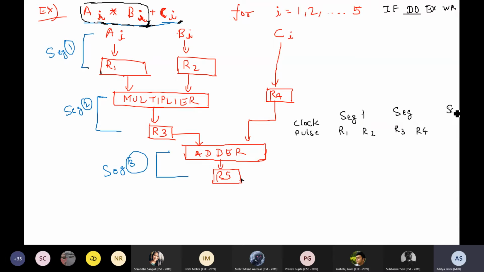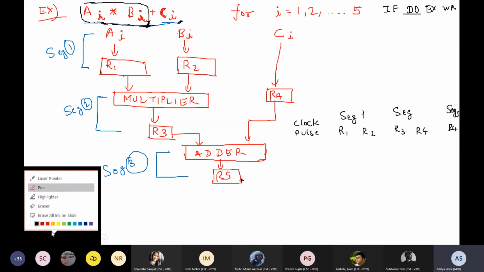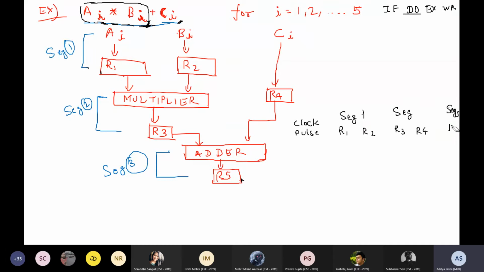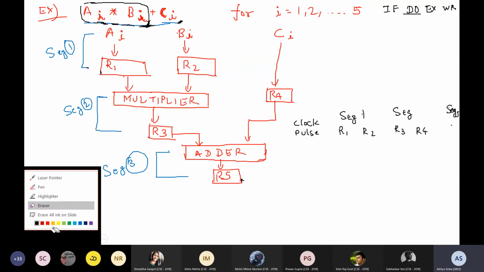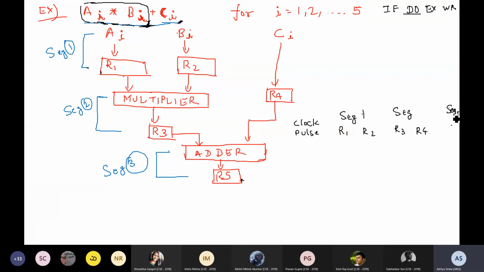And then finally you have segment number 3, which is R5. I'm writing this table for all the clock pulses. Let's see how it will look.